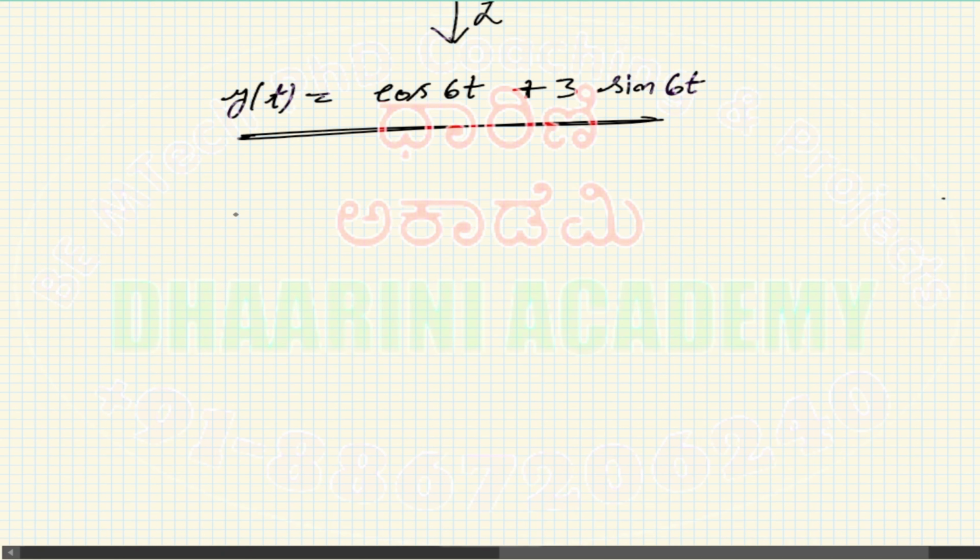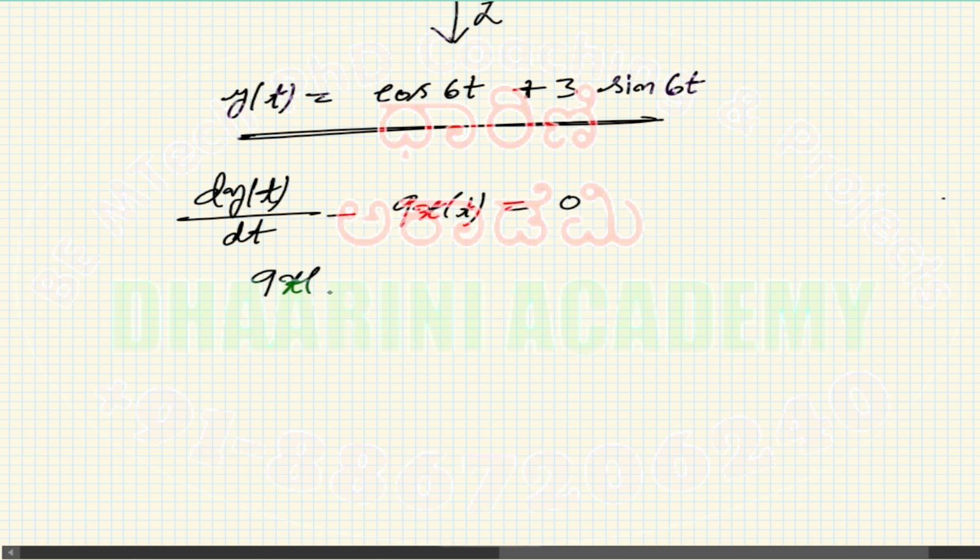We have one equation which says that dy of t by dt minus 9 times x of t is equal to 0, correct? So 9 times x of t is equal to dy of t by dt.